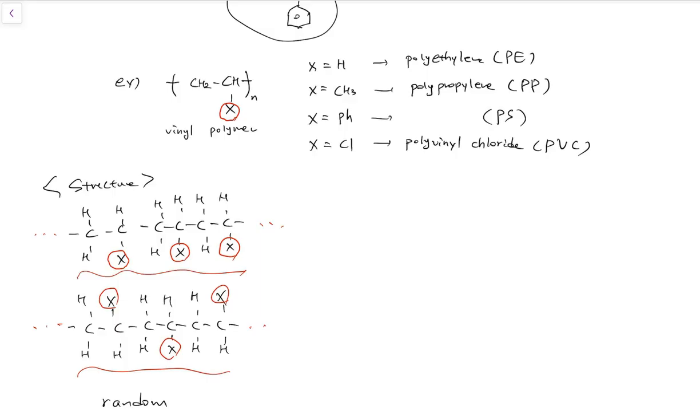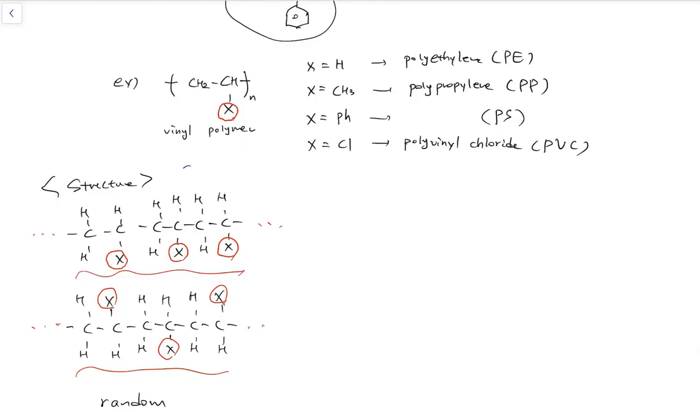All of these structures, or random positions of these substituents X, cannot be interchanged without breaking the chemical bond. These different chemical structures of polymers are called configurations. Different configurations give different tacticity of the polymer.